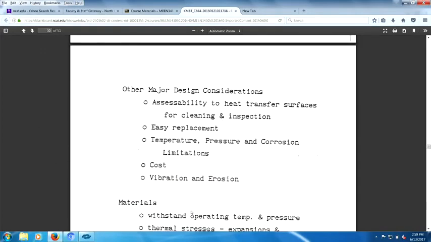You want to be able to get accessibility of the heat transfer surfaces. You want to have access so you can see what they look like and so you can clean them. You also want to have easy replacement of the tube bundle. Oftentimes, shell and tube, we're going to be talking about tube bundles. We got to go into the temperature and pressure and corrosion limits, costs.